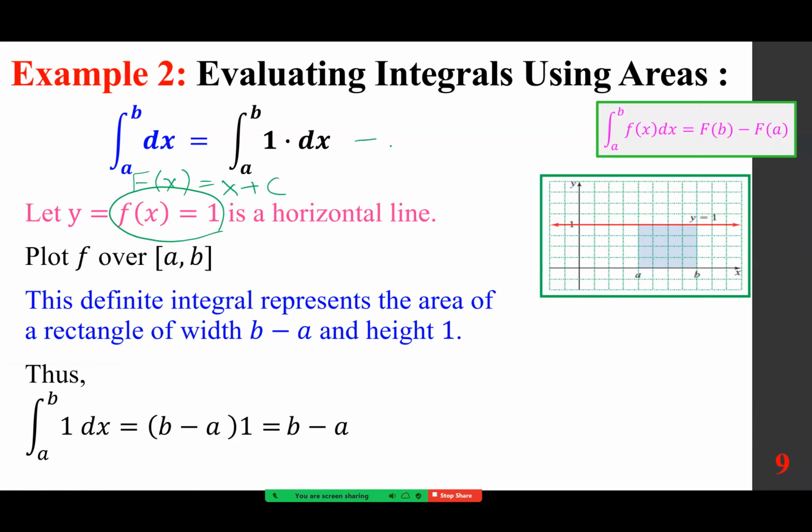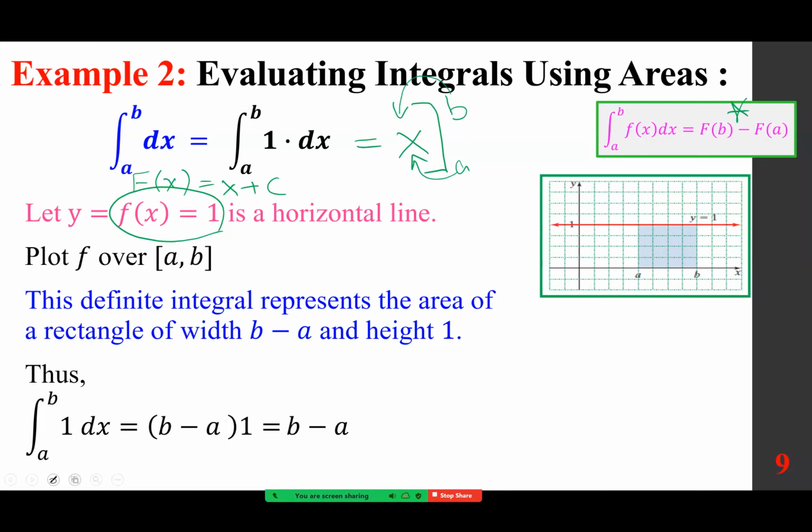But we are going to use just x because the c has no bearing since we are going to evaluate it from a to b. And this uses this method. So F of b minus F of a, that means first plug in b, minus second plug in a. So let me actually write it in front of it.